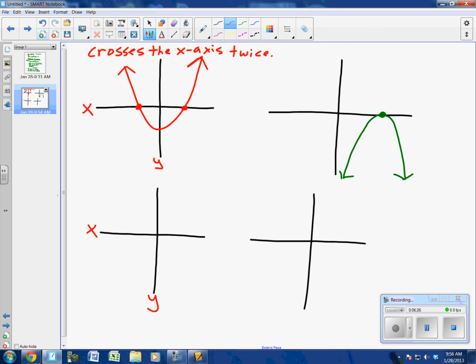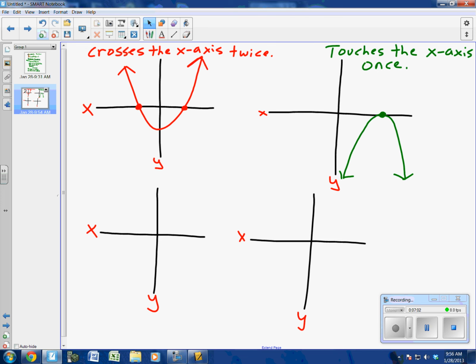How many times does this one cross the x-axis? We say once. Okay? It touches the x-axis once. We could use the word intersect in all these, okay?